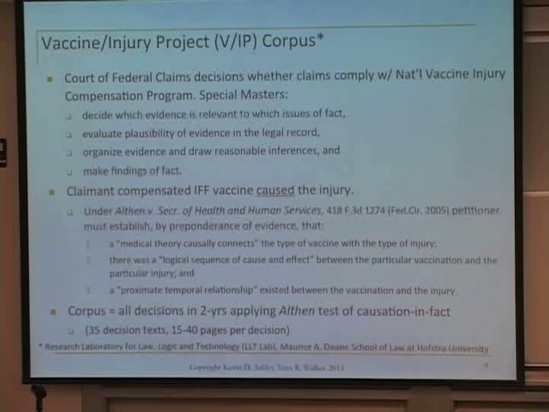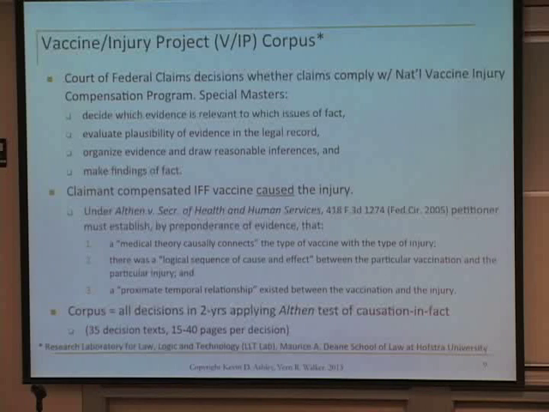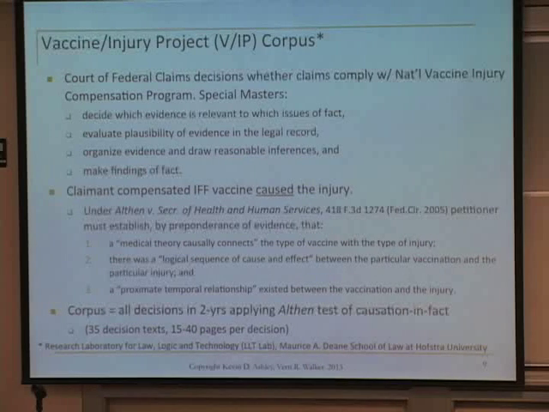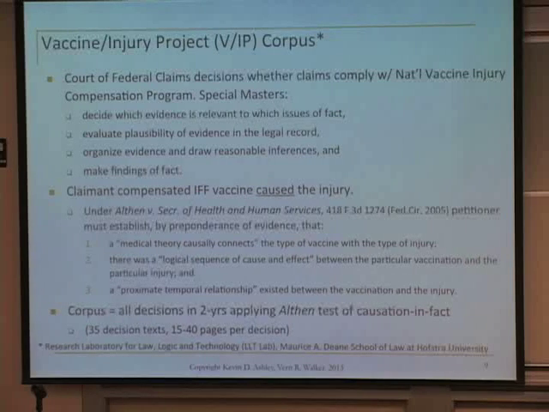They can't sue the pharmaceutical company because they're insulated from liability, but under this national program, they can recover compensation for their injuries. These are decisions of special masters who hold hearings and who decide what evidence is relevant, evaluate its plausibility, organize the evidence, draw inferences, and make findings of fact.